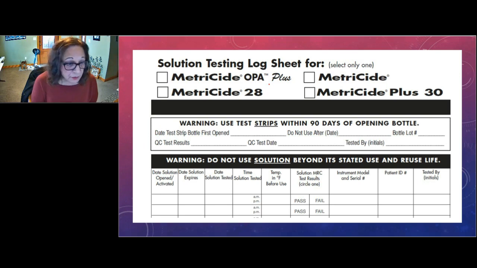The bottle lot number, if you have to do quality assurance or QC testing on the test strips, that should be documented as well. The results, the test date, who did the testing, and then for the actual solution, the date the solution is poured, the date that it expires, in the basin, the test date, who it was tested by, the results of the test, the temperature.